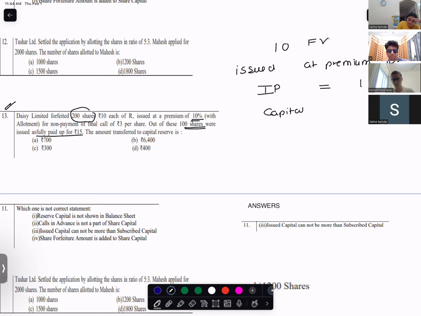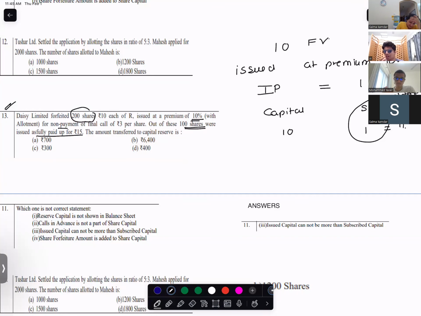Capital is 10. Securities premium is 1. So the total amount at which I will issue is 11, and the premium I am going to receive in allotment. Are you with me? Yes, sir.